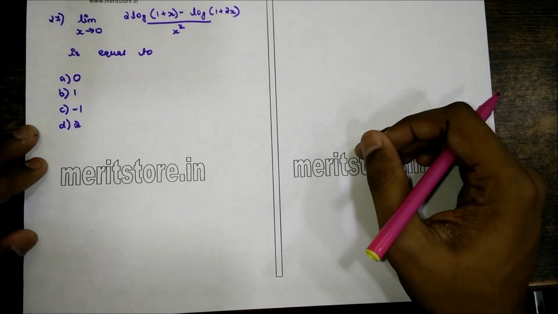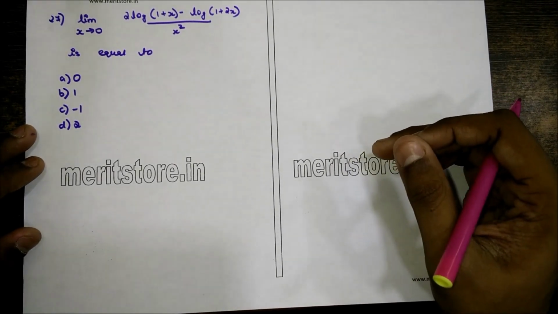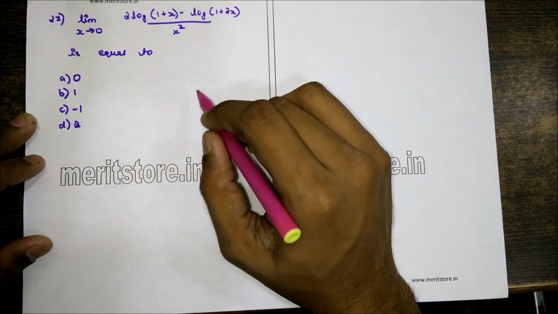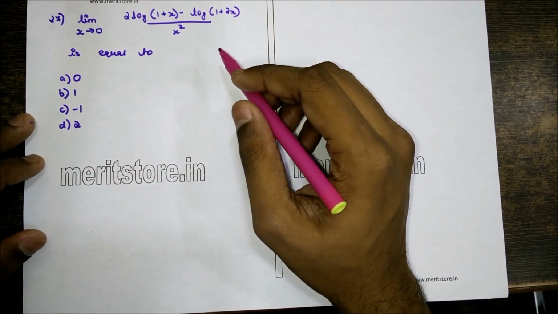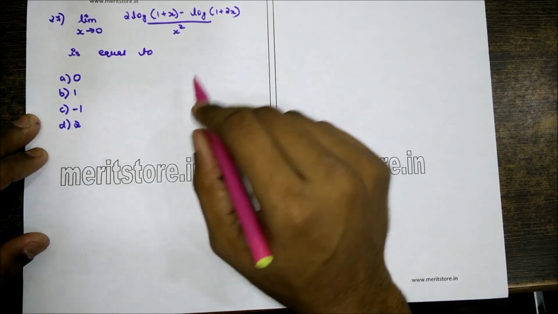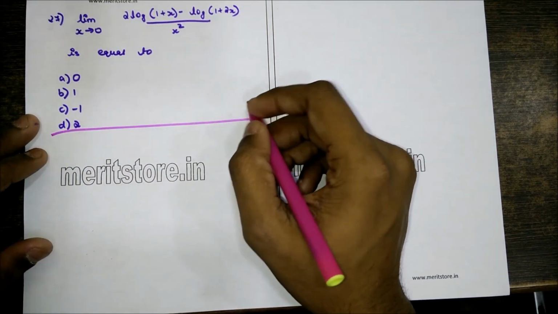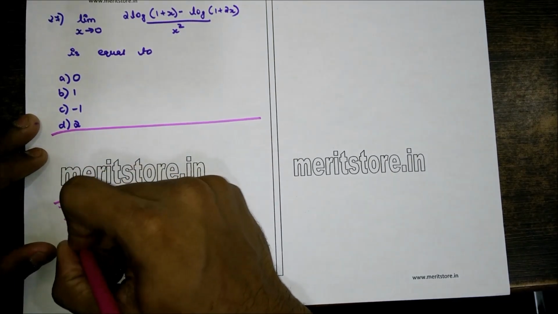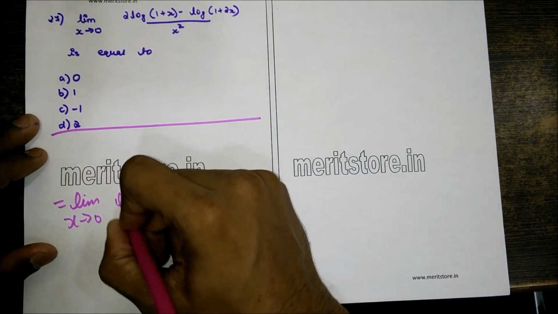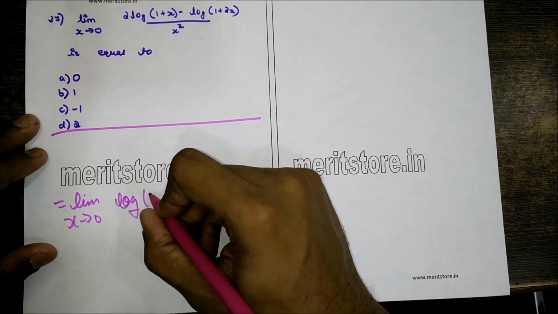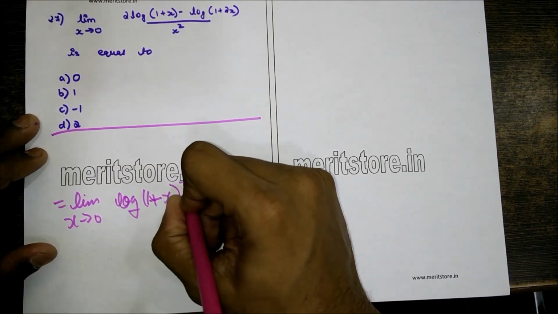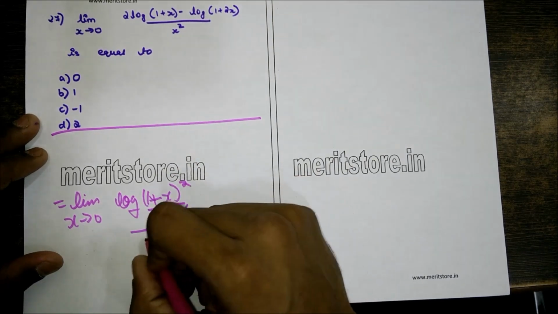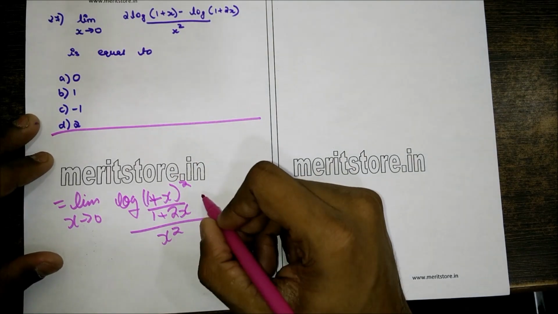Limit of x tends to 0, (2 log(1 plus x) minus 1 minus log of (1 plus 2x)) upon x square is equal to a 0, b 1, c minus 1 or d 2. So we can write this as limit of x tends to 0, log of ((1 plus x) the whole square upon (1 plus 2x)) upon x square.